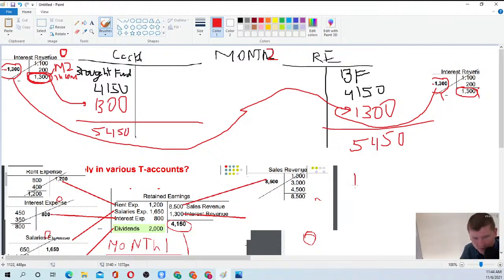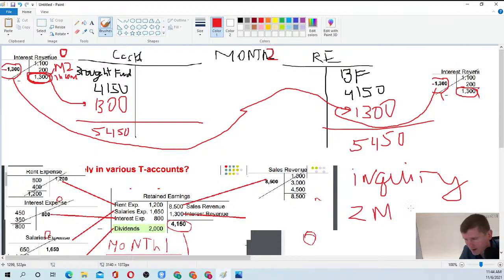So if we inquire about second month interest, it will be 1,300, not 0.